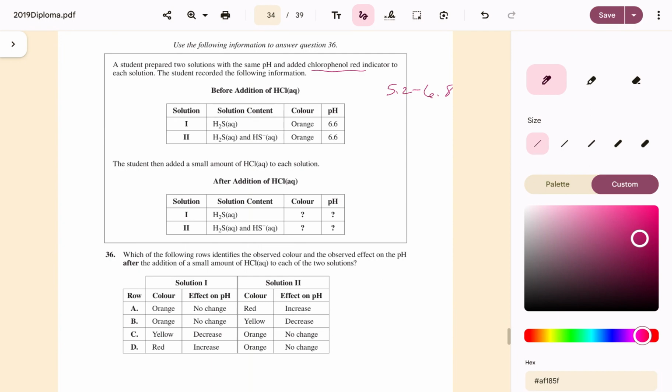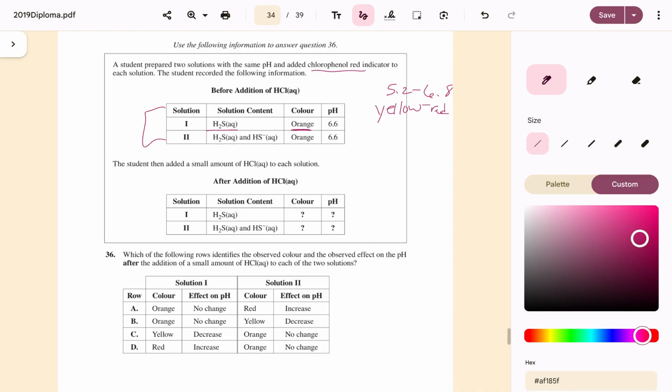If it is lower than 5.2, it's going to be yellow, and if it's above 6.8, it will be red. So this first part is giving you some information. The first one, you just have the one compound. When it's tested, because it is an acid, it's in between the 5.2 and 6.8 color. It's giving you that orange color.